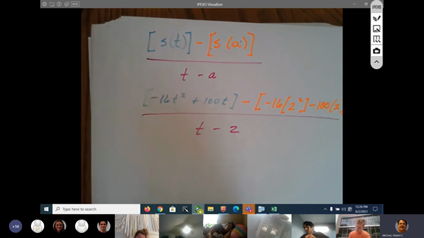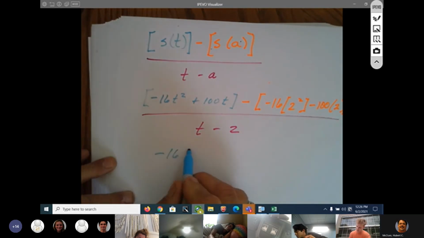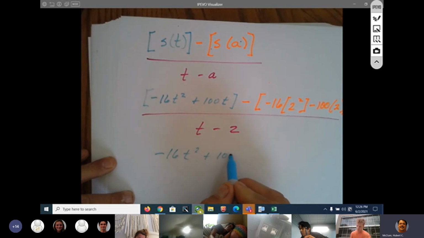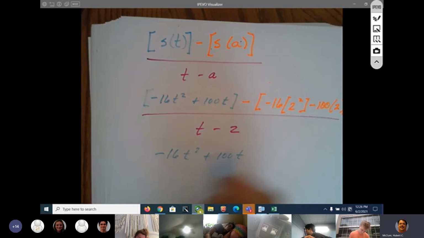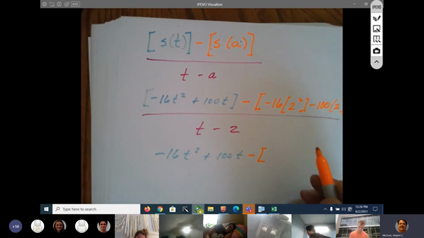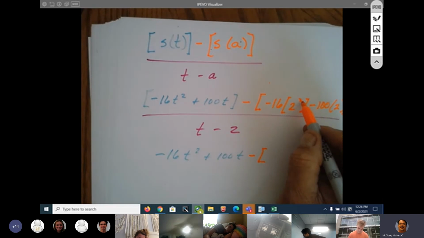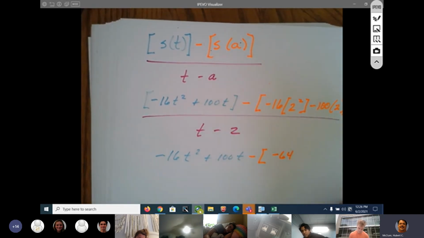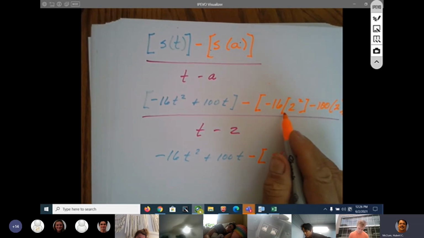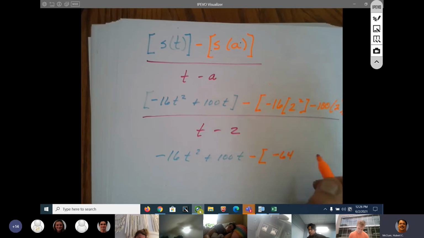So that's going to be negative 16t squared plus 100t. And then we've got to do this math here. That's minus brackets. And 2 squared is 4 times 16 is 64. Somebody help me out there. And that's negative 64 minus 200. Somebody check my math there, please.